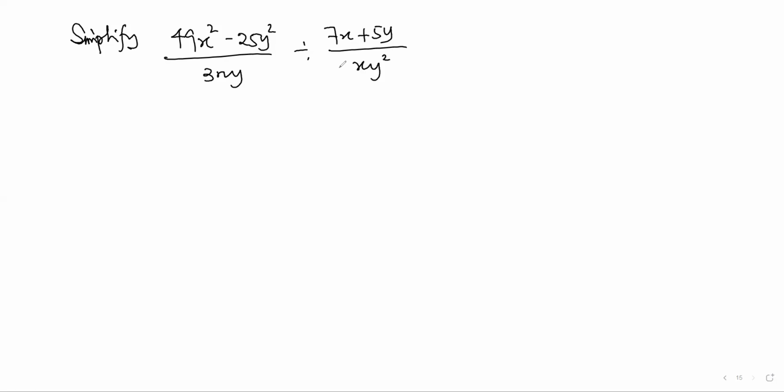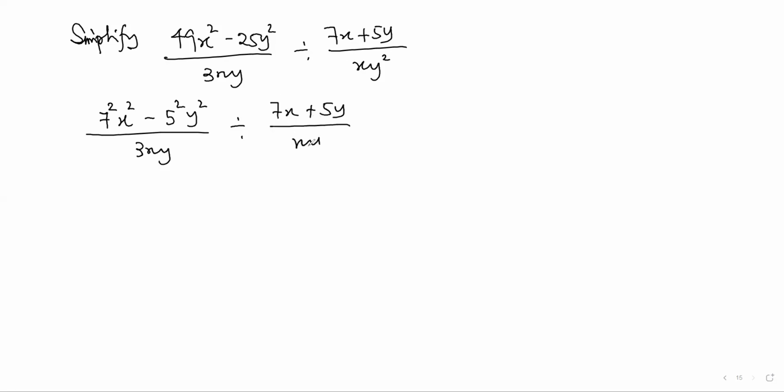So the numerator here is a difference of 2 squares. So this is the same as 7 squared x squared minus 5 squared y squared, divided by 3xy, divided by (7x plus 5y) by xy squared.